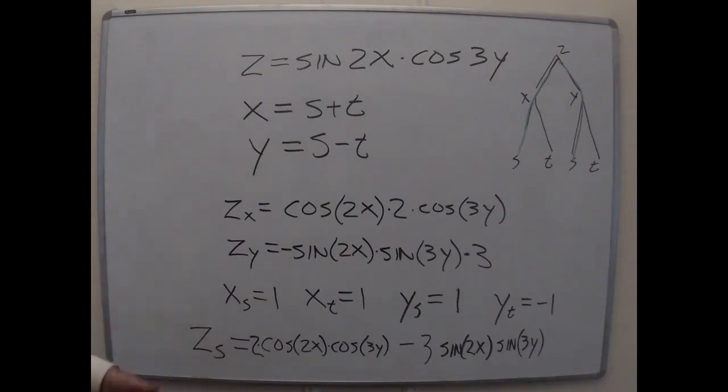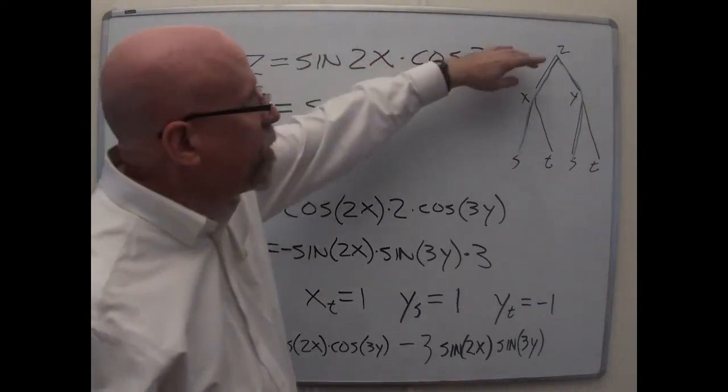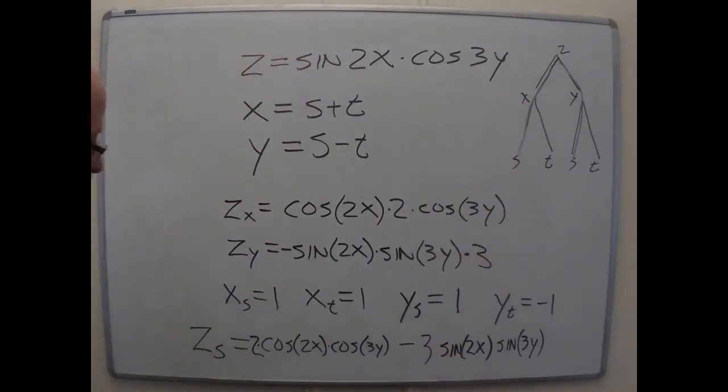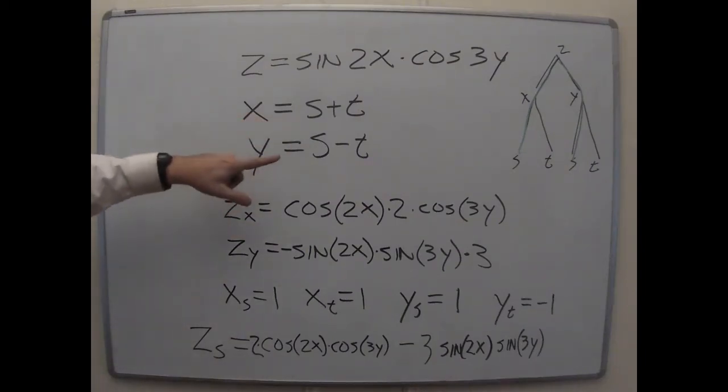I suppose it might have t's in it as well, but it should certainly have s in it. And x and y that are in here, these are hidden variables that we really don't care about. You're supposed to be thinking about getting something that tells you how z varies as s changes. It seems weird to mention x and y, but fortunately we can get rid of them with these relationships. X is s plus t, and y is s minus t.